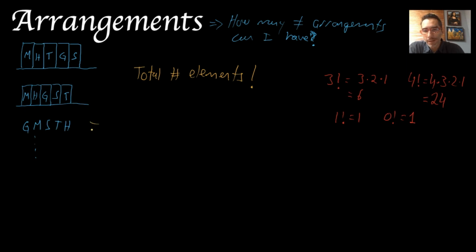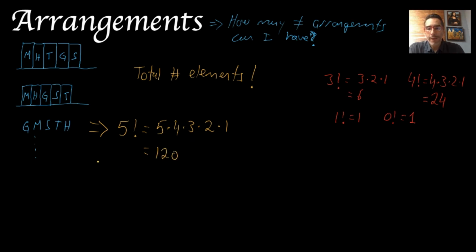In this specific case, how many elements do I have? 5 books, so this will be equal to 5 factorial. Applying the definition of factorial, this will be equal to 5 times 4 times 3 times 2 times 1. We perform the multiplication, and this will be 120.